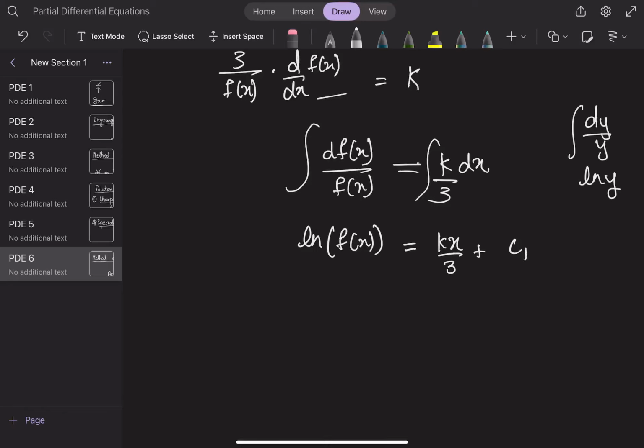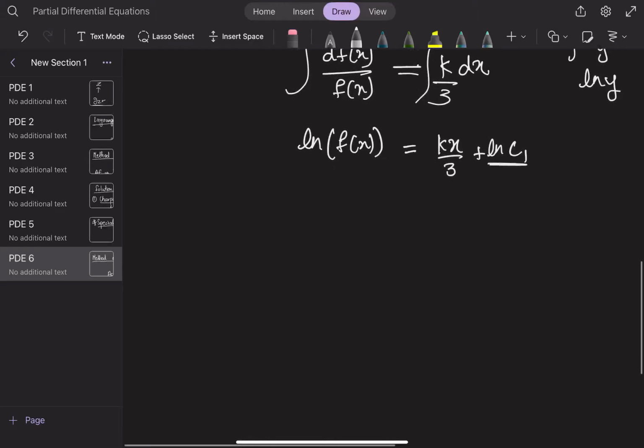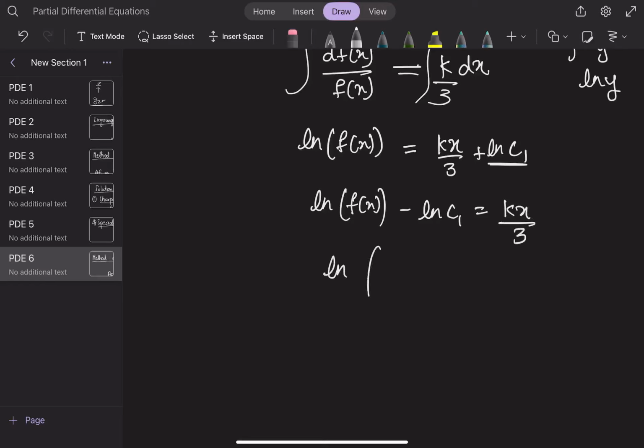Instead of c1, I'm going to write ln c1. This is being done so that the next step becomes easier. So we'll write it as ln f(x) minus ln c1 is equal to kx/3. So ln of f(x) divided by c1 is equal to kx/3.